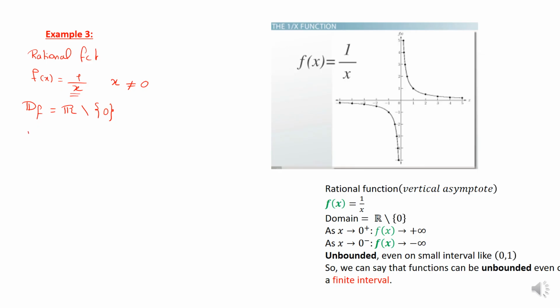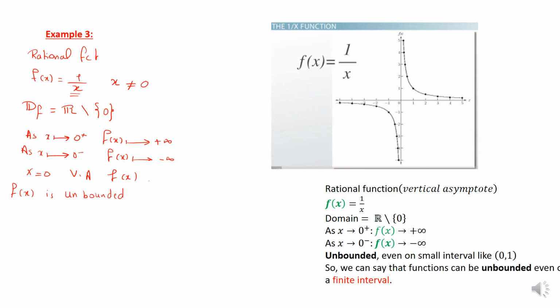As x tends to 0 plus, f of x tends to plus infinity, and as x tends to 0 minus, f of x tends to negative infinity. Therefore, x equals 0 is a vertical asymptote for f of x. So f of x is unbounded.